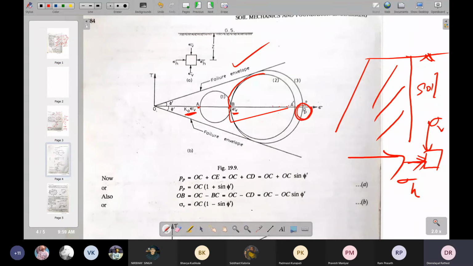Finally passive pressure arises where the failure plane touches, because here the pressure is at rest. Then the circle shifts the other way, the passive pressure develops and becomes the maximum major principal stress. The other becomes the minor principal stress, and the major principal stress touches the failure envelope.